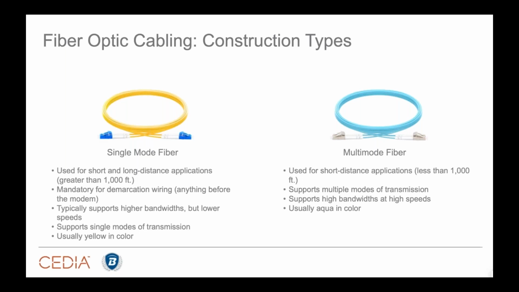Multi-mode fiber has a 50 micron core. That's the thicker one. 9 micron versus 50 micron. And that one maxes out at about 1,000 feet. So we see a marked difference in terms of diameter and in terms of distance, single mode going miles, multi-mode going short distances. The difference in that core size really lends us to using different types of connectors.